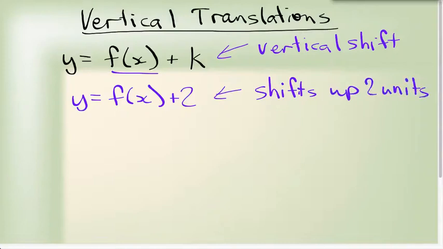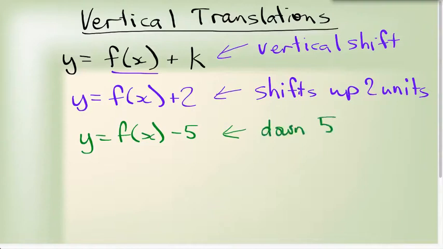If I write something like y equals f of x minus 5, the whole graph shifts down 5 units, because in this case, k equals minus 5. Let's rewrite that. k equals minus 5, and up here, k equals 2.